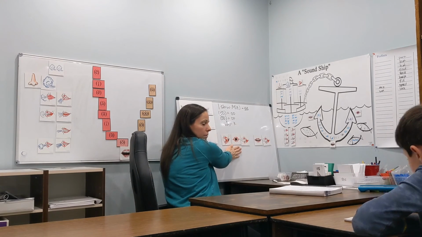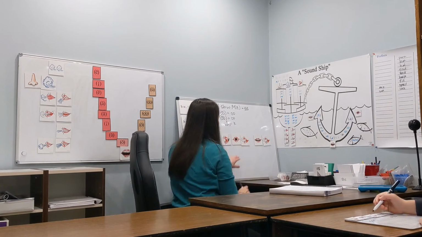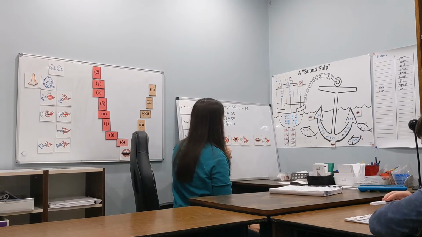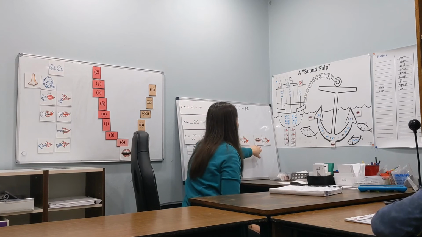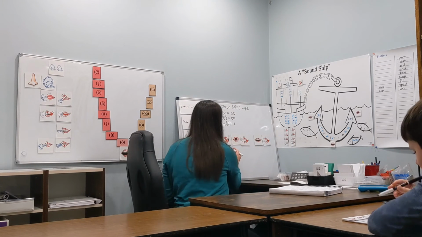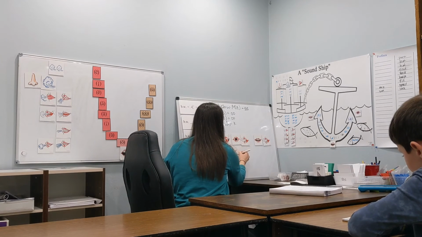Root, and then ed. All right, so let's go ahead and spell. R-O-O-T. And then what's the suffix? Ed. How do you spell that? E-D. Good. All right.